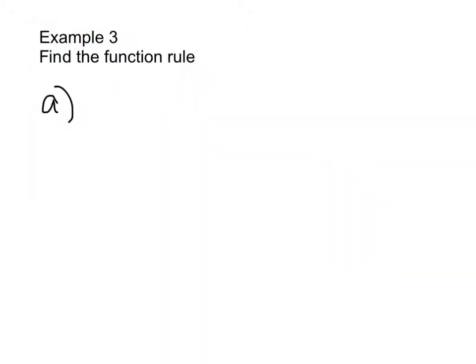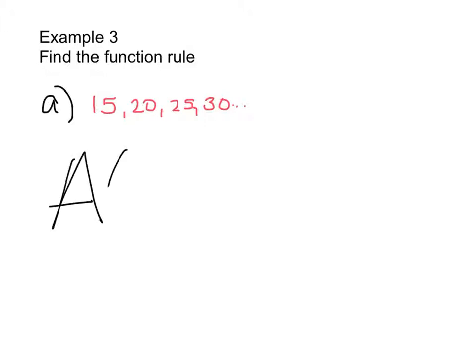In example 3, we're going to find a function rule for the sequence 15, 20, 25, 30, and so on. Write a function rule. So the first thing we do is A of n equals. What goes first? Look at your formula.